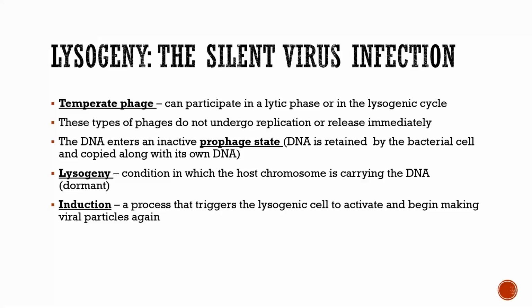They could come in, insert their genetic material, hang out for a bit, and then start copying themselves. The DNA enters an inactive prophage state. This would be when it's inserted into the bacterial genome and it's retained and copied with the host genome.